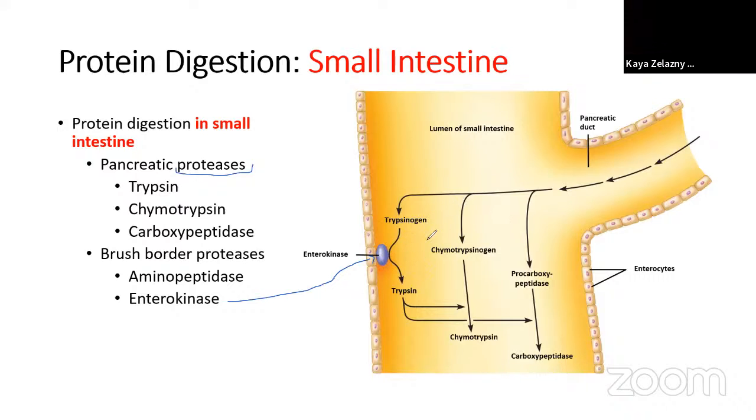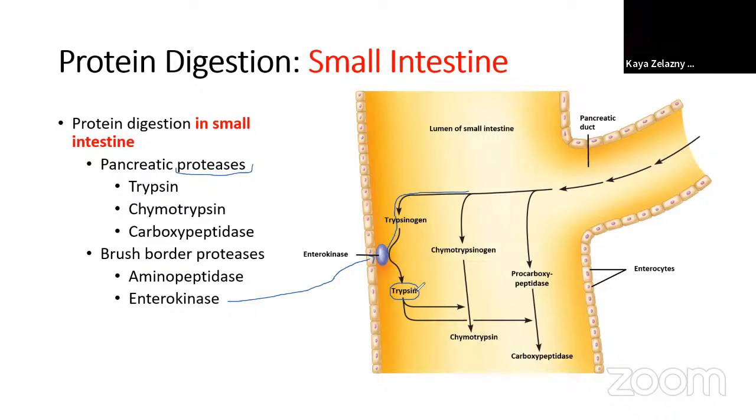So what happens is that our zymogen, trypsinogen, comes out in our pancreatic juice. It bumps into the wall, into the brush border where we have the enterokinase. That enterokinase is an enzyme that slightly breaks down the trypsinogen to activate it into trypsin.